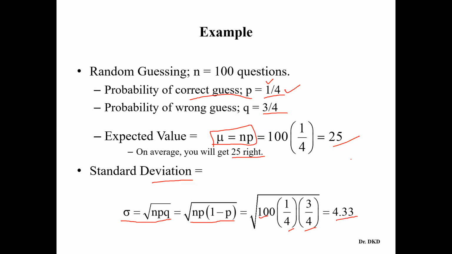That means if we appear in the examination, the average marks would be 25, and the interval of the marks is the mean plus or minus the standard deviation, so it would be approximately 21 to 29.